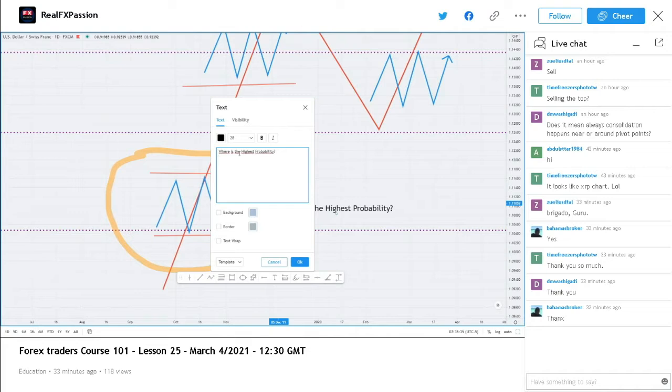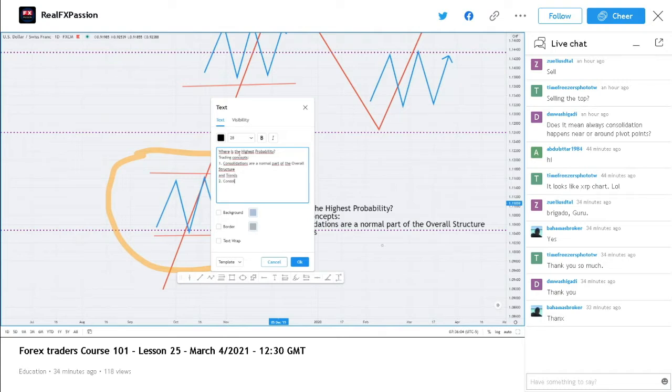One more time, trading concepts, plural. Number one, consolidations are a normal part of the overall structure and trends.